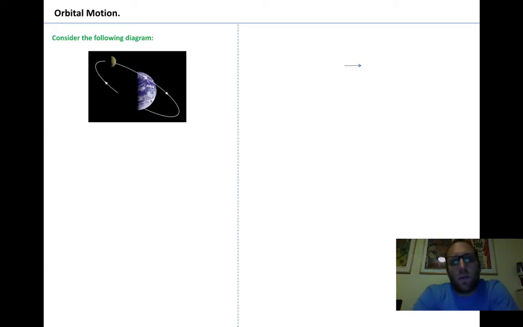Okay, so let's tie this whole topic together now. We started off with circular motion, that was 6.1. We've now done 6.2, which is gravitation, and the two are obviously linked when we consider, for instance, in the following diagram, the Moon in orbital motion around the Earth.